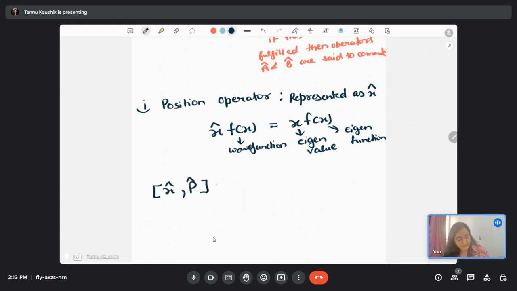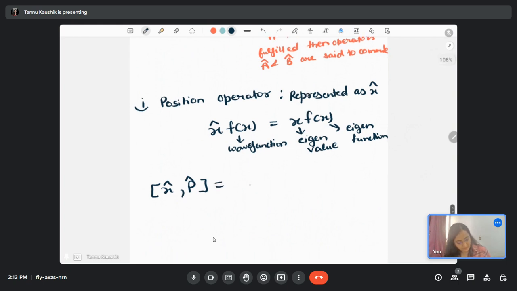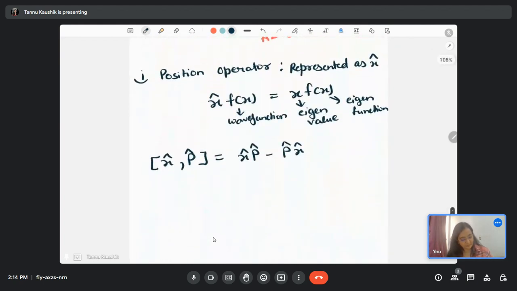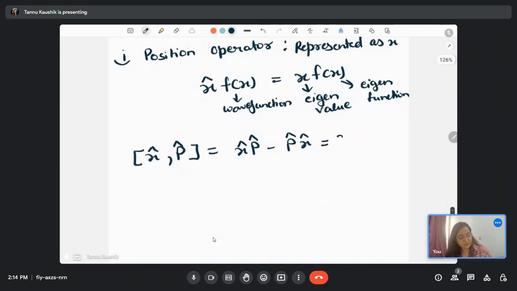Okay, so this is the condition. This is how the position operator operates. So now we will check whether this position operator is commutative with the parity operator.